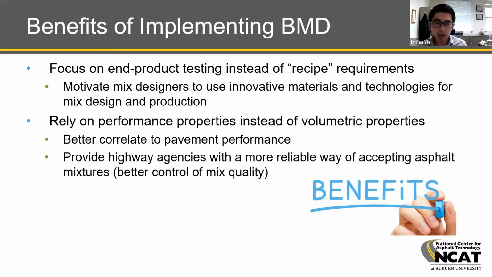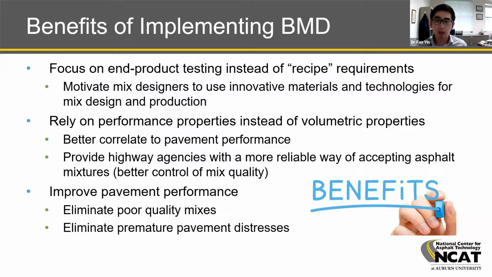So it provides highway agencies with a more reliable way of accepting asphalt mixtures. In other words, we can better control the mix quality that we produce and place in the field. By doing that, it has the potential to improve our pavement performance in terms of eliminating those poor quality mixes and also eliminating premature pavement distresses.